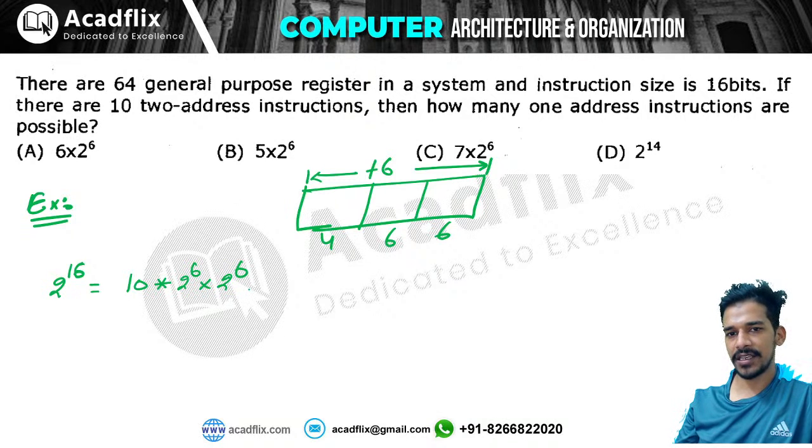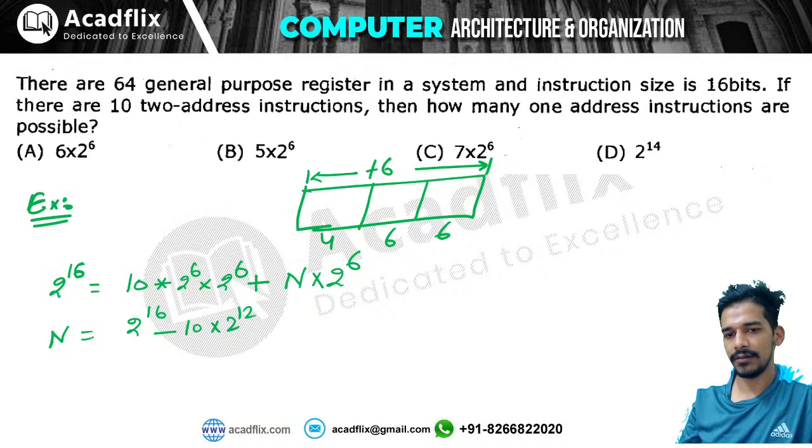Then it is asking how many one address instructions are possible. So let us say n one address instructions are possible. With a one address instruction you will use one address field, right? So you have to find out the value of n here. The value of n will be equal to (2 to the power 16 minus 10 into 2 to the power 12) divided by 2 to the power 6.